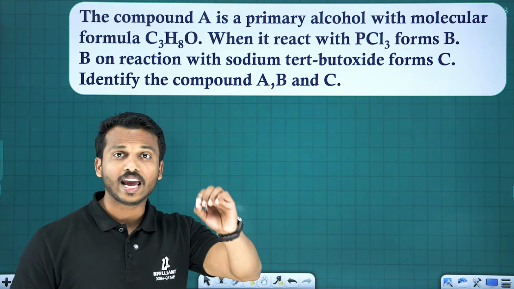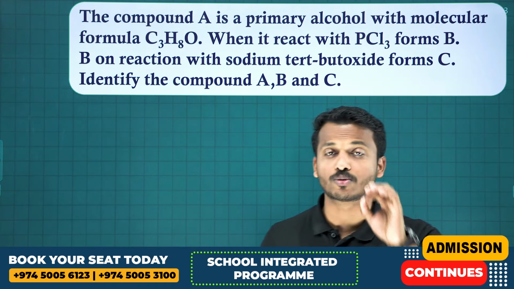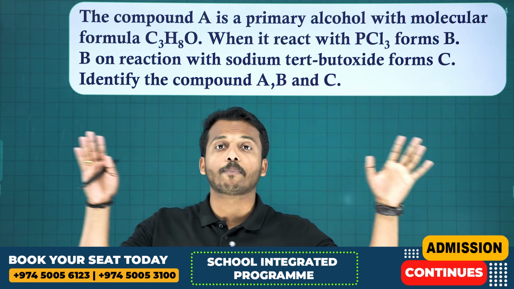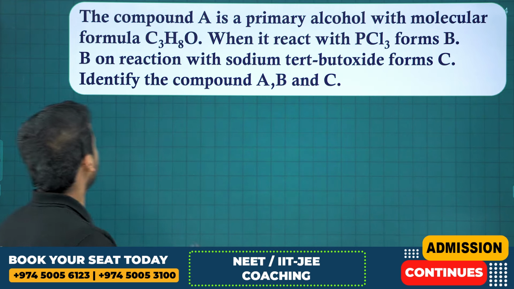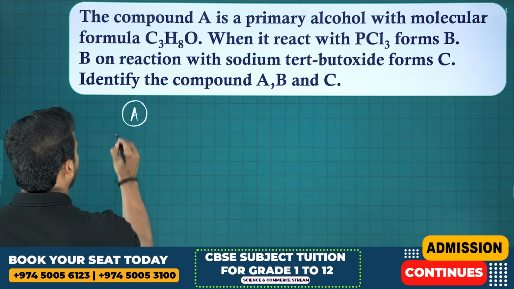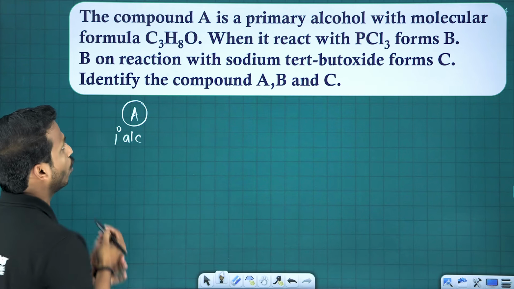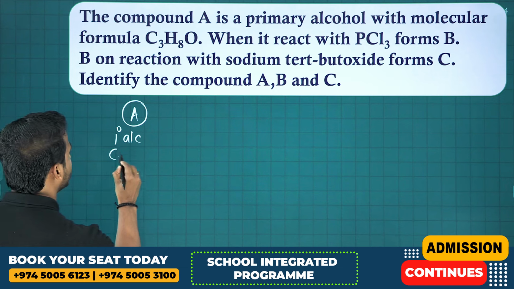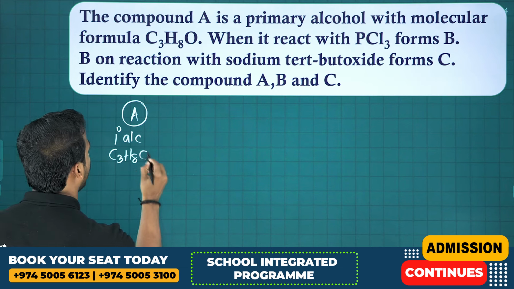Whenever these type of questions come for your board exam, please make a pattern first, right? A compound A is a primary alcohol with molecular formula C3H8O.